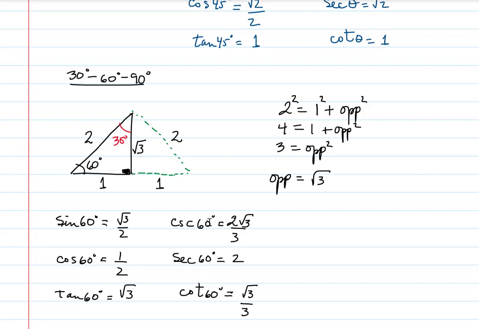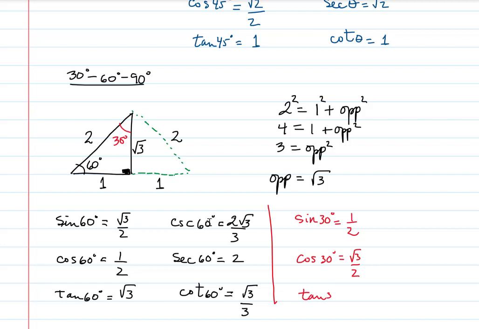Now remember, now the opposite and adjacent change. If you're taking this 30 to be your angle here, we're going to have, now, sine of 30 degrees is going to be opposite of 30 is 1, not square root of 3. 1 over the hypotenuse is 1/2. Cosine of 30 would be square root of 3 over 2.